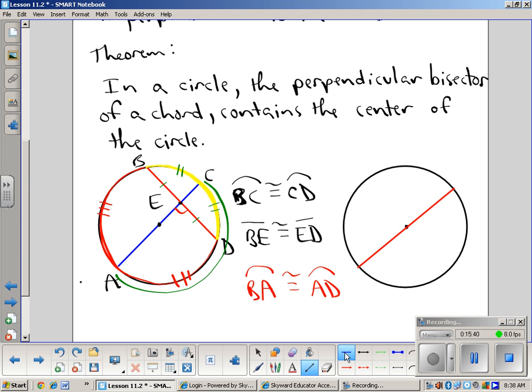Here's our diameter. If I draw this arc here, and I know that it cut it in half, so that they're equal, then that means it has to be perpendicular. If I know those are equal, then this has to be perpendicular, okay?